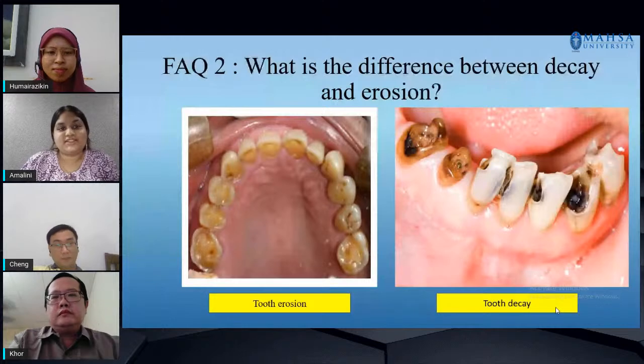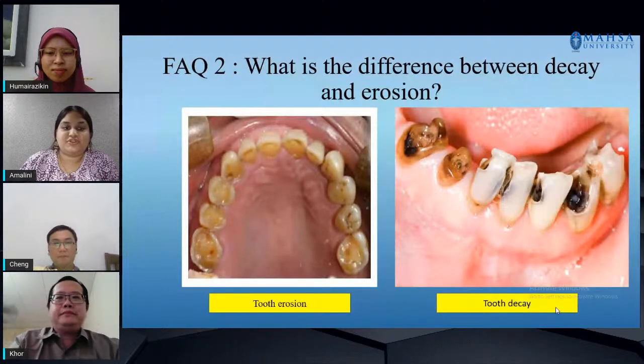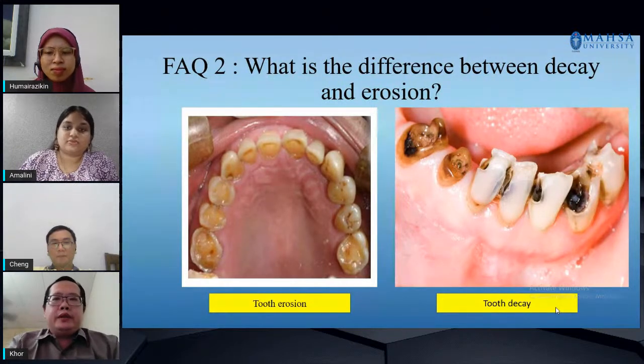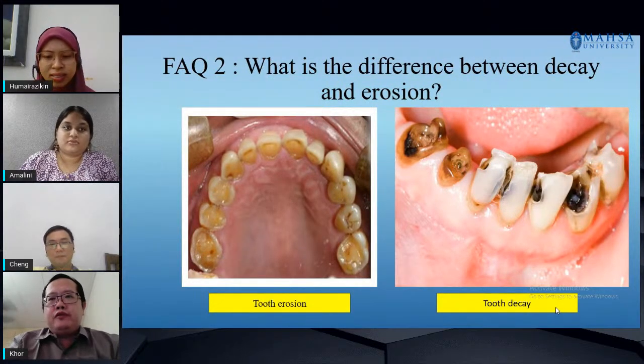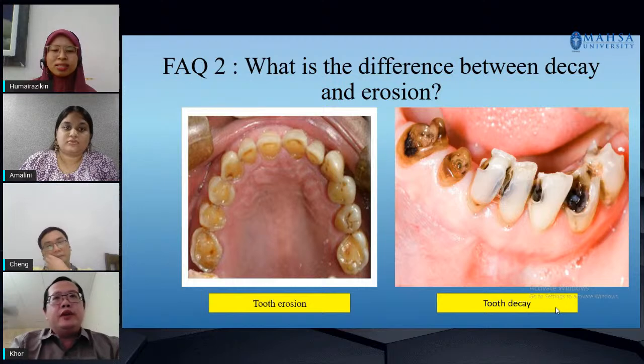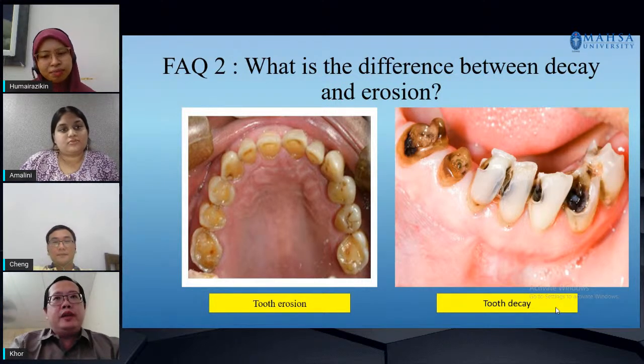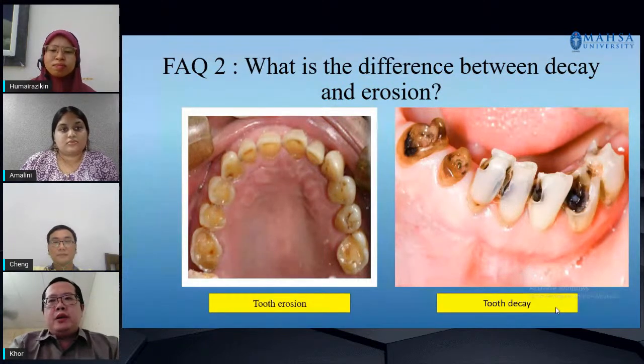Dr. Ko, what is the difference between decay and erosion? Okay, the main difference between caries and dental erosion is found in the acid. Both are actually caused by acid. The type of acid and where it comes from differentiate both of them. Now, caries, also known as decay and cavities, is a process that begins with the demineralization of the tooth enamel.